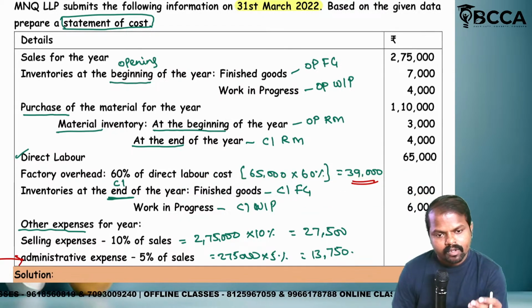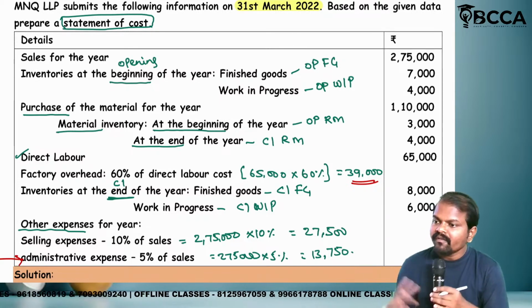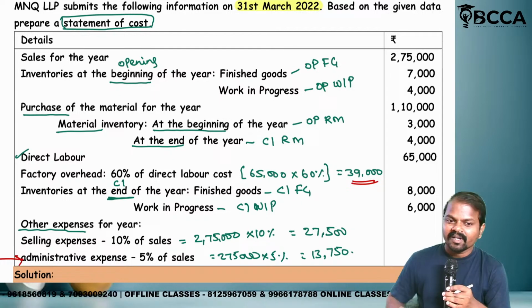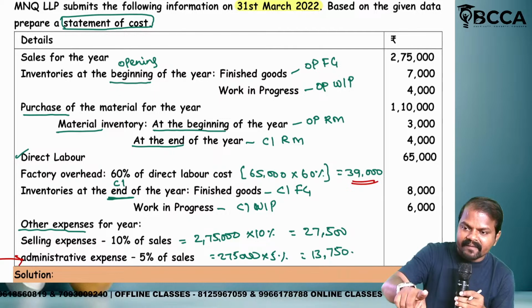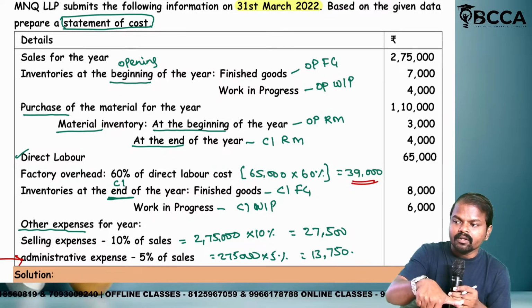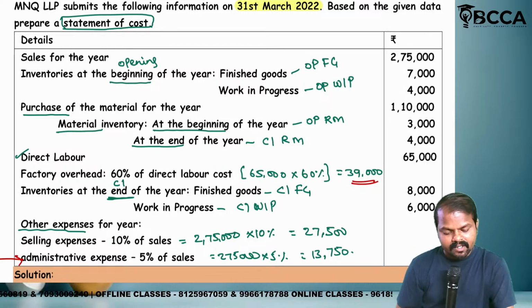Closing stock of finished good is equal to, they mentioned 8,000. For how many units they gave? Not gave. Are you remember important point number 5? Check whether question paper specified units of closing stock of FG. Answer yes or no? In this question answer yes or no? That is the reason 8,000 will be considered.